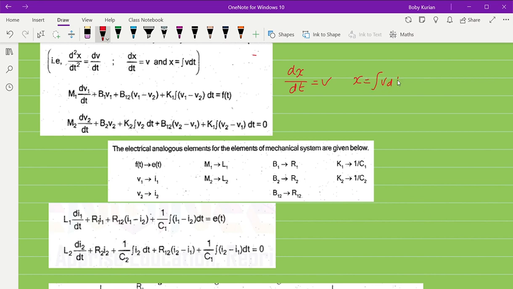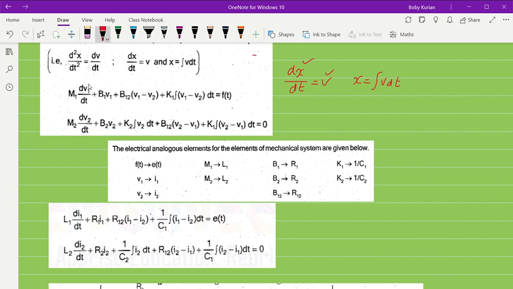So we have to convert from the displacement point of view to the velocity point of view. These are the differential equations with x converted to velocity terms.